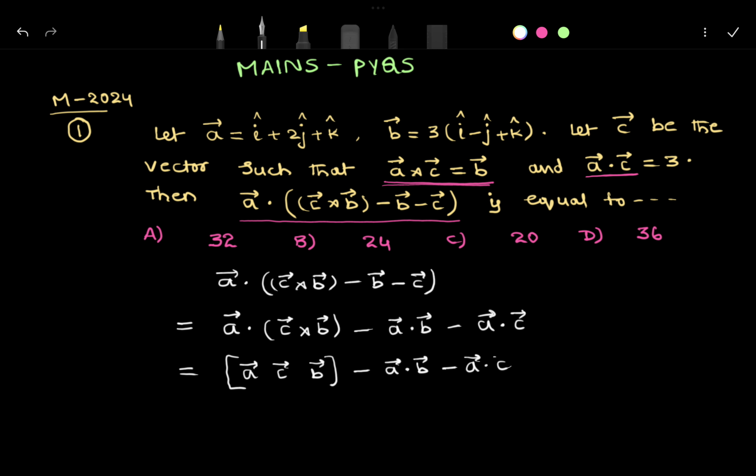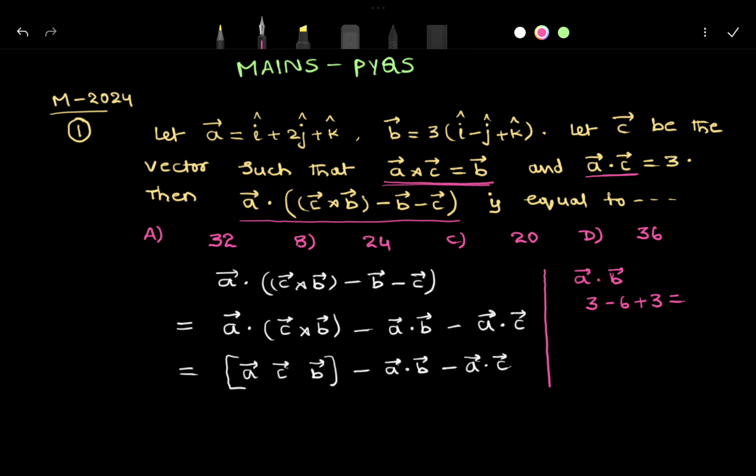Now you see what the value of this is. Here, a dot c is already given in the question. What is a dot b? a dot b is equal to 1 into 3, that is 3, 2 into minus 3 is minus 6, and 1 into 3 is plus 3.